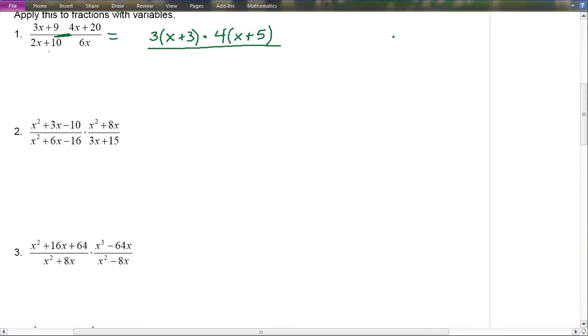On the bottom of the fraction, first let's look at this 2x plus 10. The greatest common factor is 2. What you'll have left is x plus 5. The last part is just times 6x.